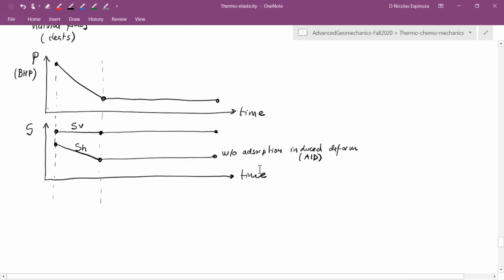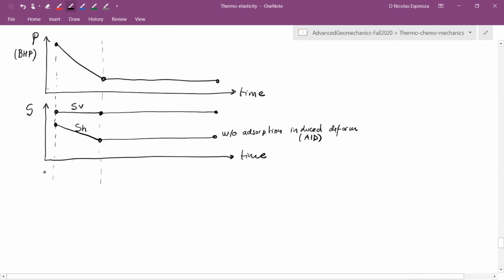We have seen also that according to the pore elastic solution, the effective stresses in this case are going to change. For example, the effective horizontal stress, sigma h, as a function of time. If you remember that solution, we said that the effective horizontal stress without absorption-induced deformation would increase.